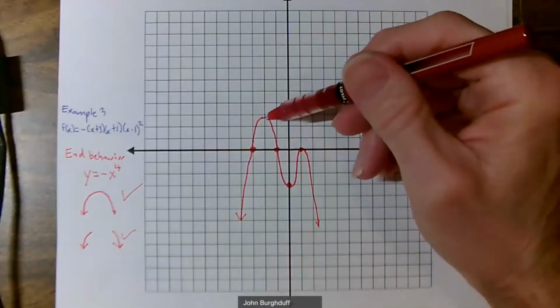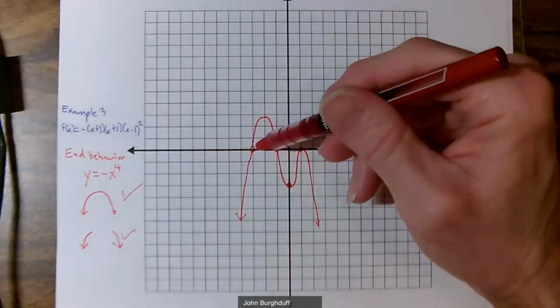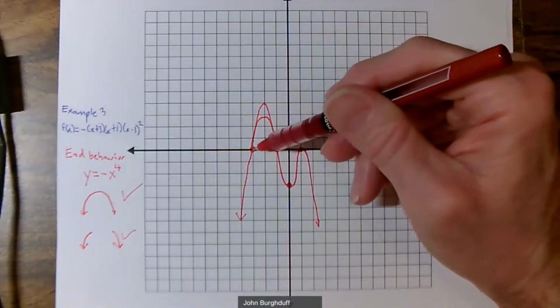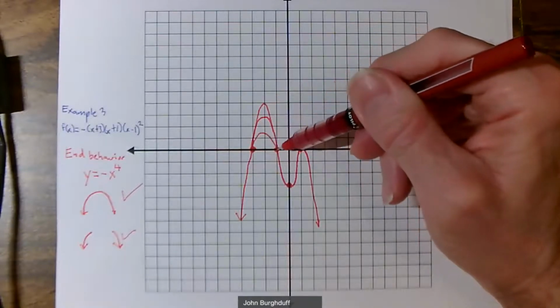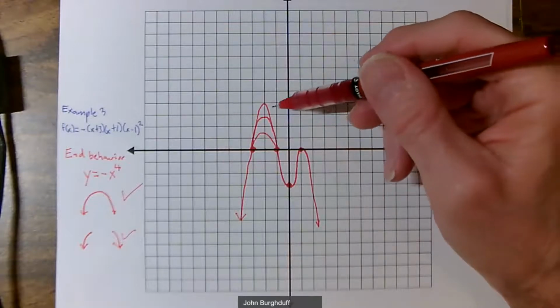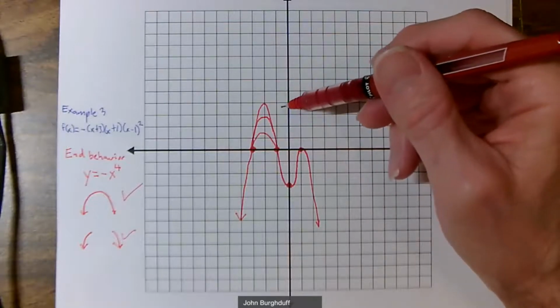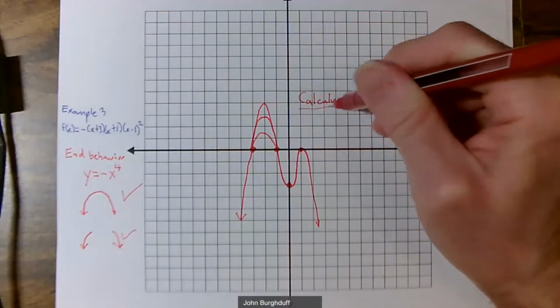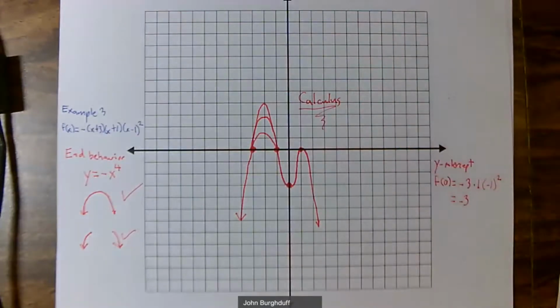So, how did I know to make the graph stop here? How do I know that the graph maybe didn't go a little bit higher? Or maybe not quite as high? Well, the fact of the matter is, at this stage of the game, you really won't know. You'll need some techniques from calculus to know exactly where that highest point might be.